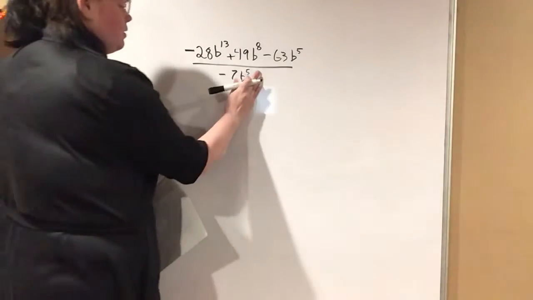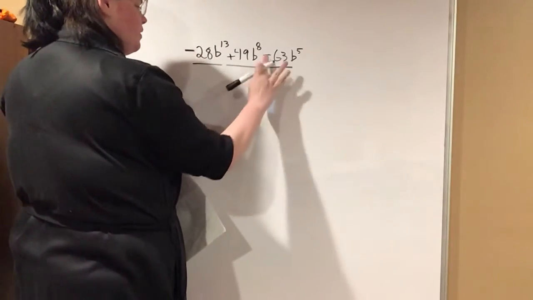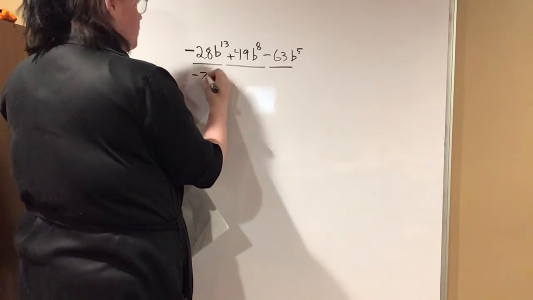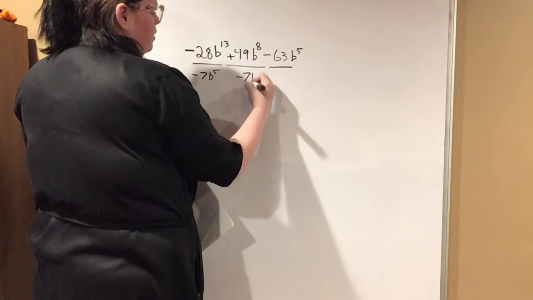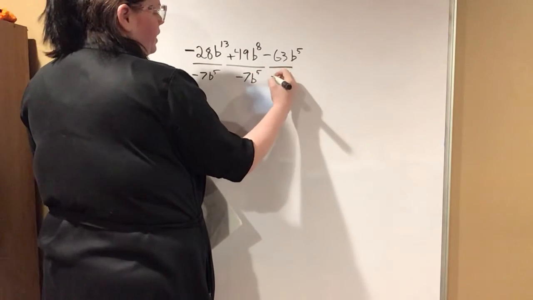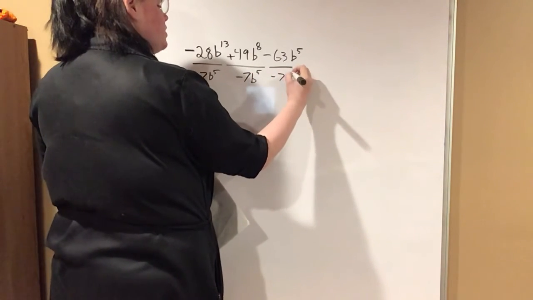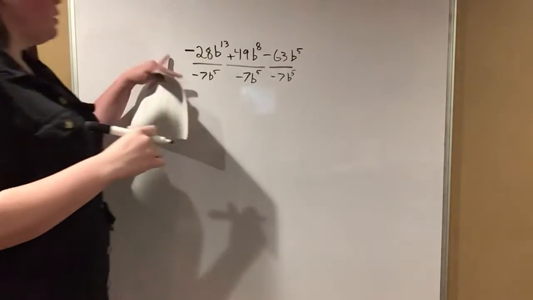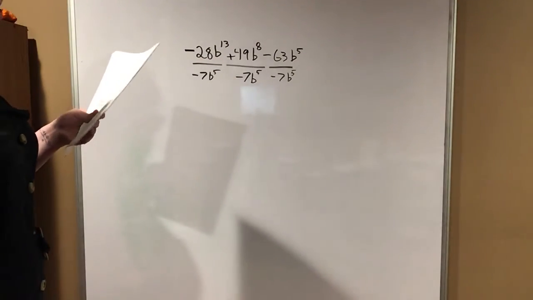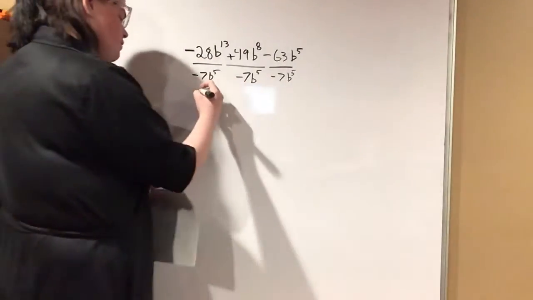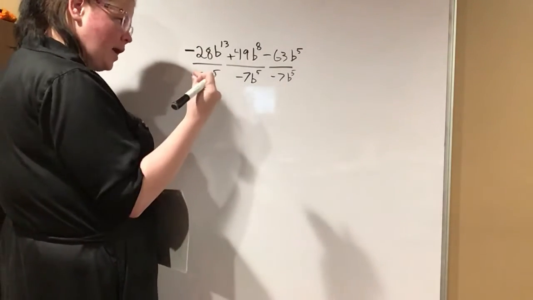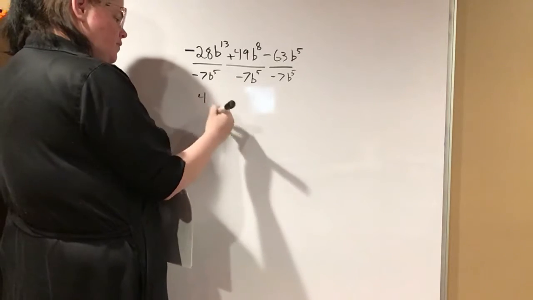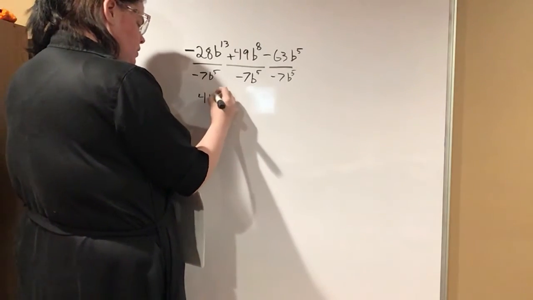Well, I'm going to take my negative 7b to the 5th and move it under every single one, because that's what it's saying. You're dividing every single term by a negative 7b to the fifth, and then we're just going to end up combining it at the end. So negative 28 divided by a negative 7 is a 4. And we learned with exponents, we're just subtracting. So 13 minus 5 is an 8.